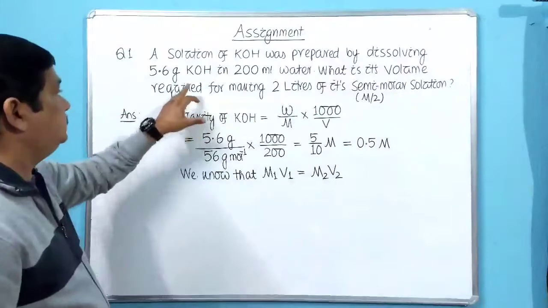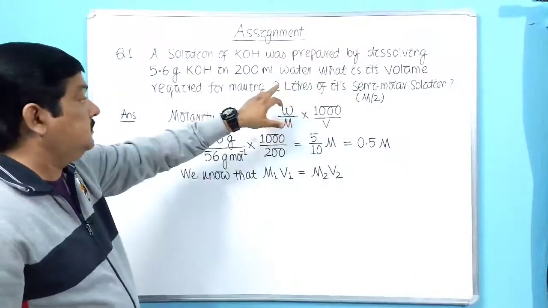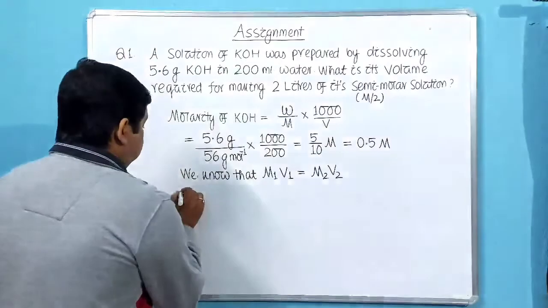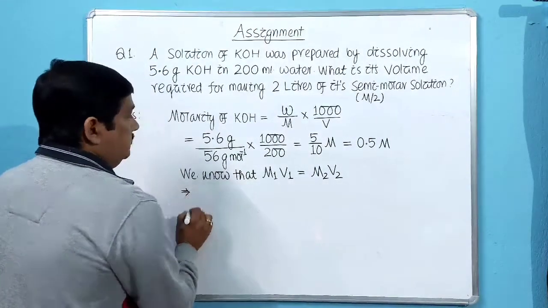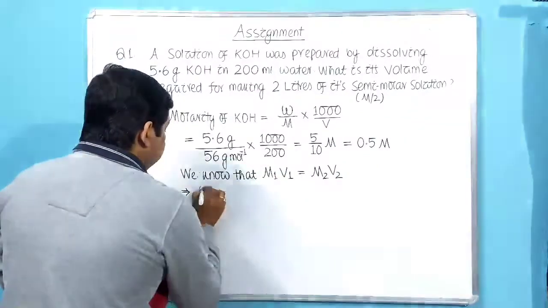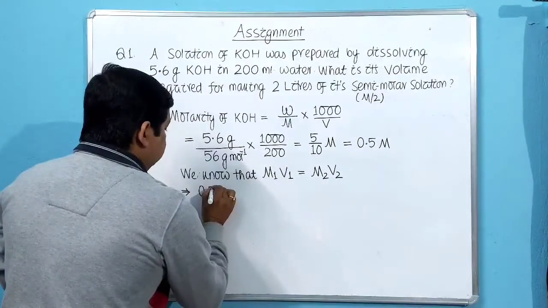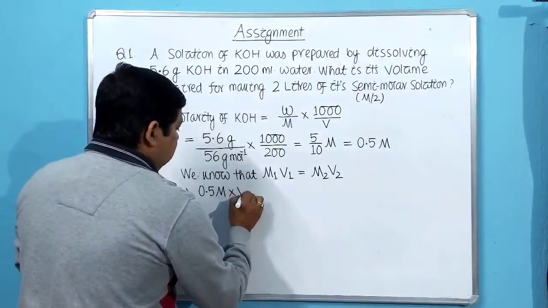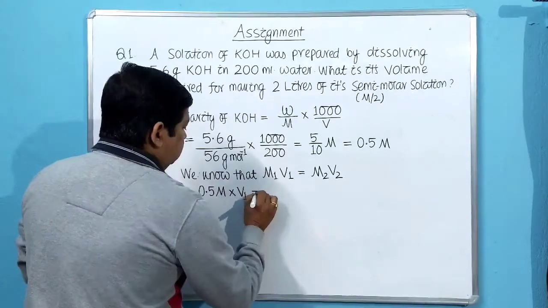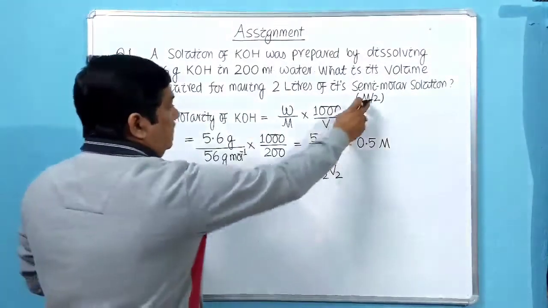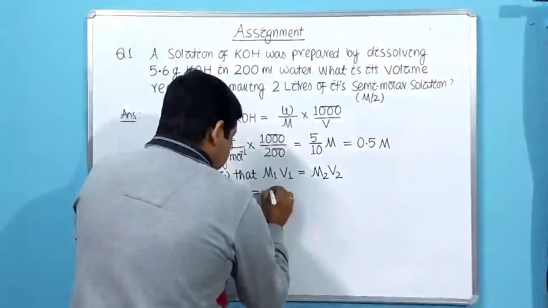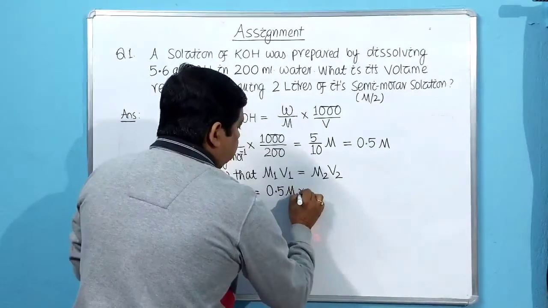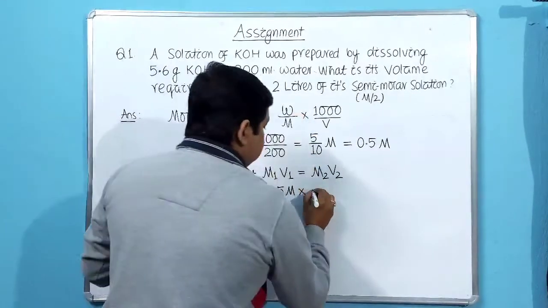Now we need to find out the volume, so let it be V1. M1 is 0.5 M, and the volume required is V1, is equal to M2. M by 2 means again 0.5 M, into V2, 2 liters.